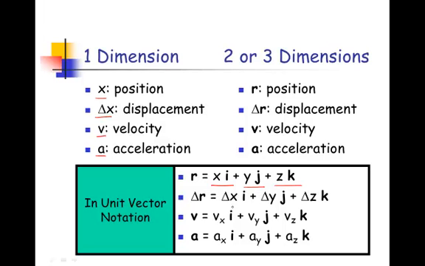The displacement vector would be delta x i hat, delta y j hat, delta z k hat. The components of the velocity would be v sub x i hat, v sub y j hat, v sub z k hat. And finally, the acceleration vector would be a x i hat, a y j hat, and a z k hat. Pause the video if you need to write all of that down.